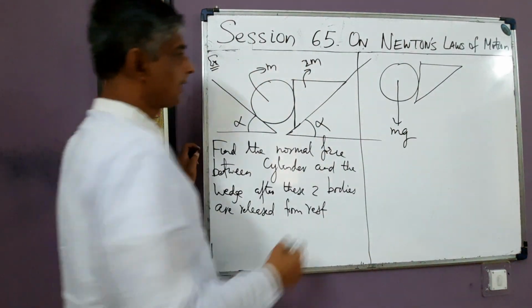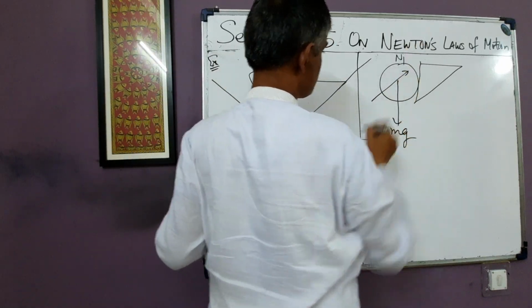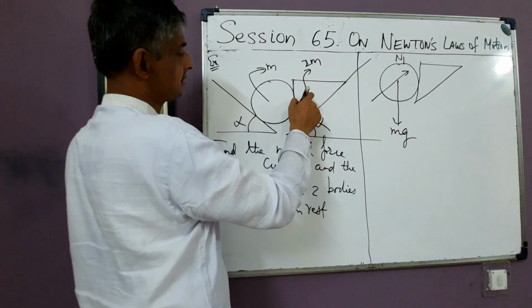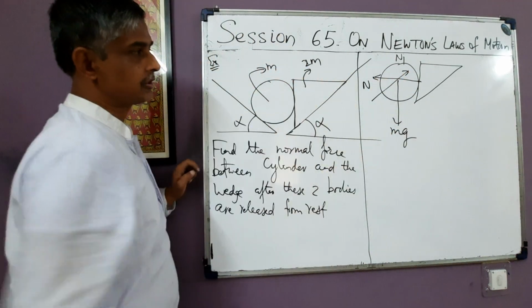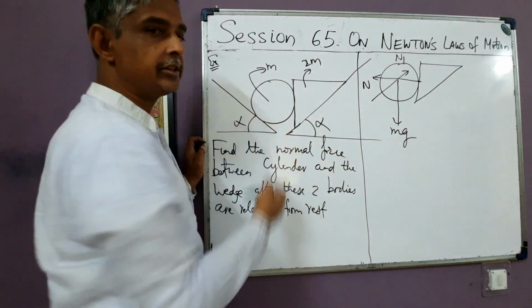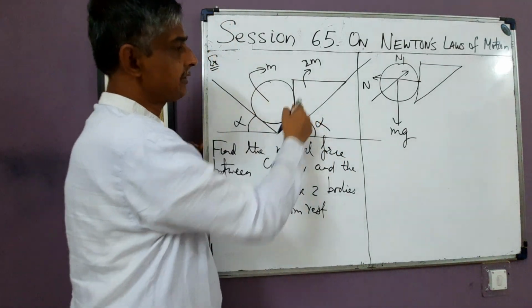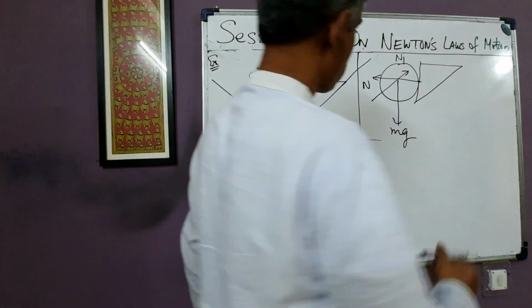mg. The wedge exerts a normal force N1 like this, which is normal to the inclined face. And the wedge exerts a normal force N on the cylinder in the leftward direction. So these are the only three forces acting on the cylinder. Now I draw the free body diagram of the wedge, again with respect to the ground, so only real forces will act on it.